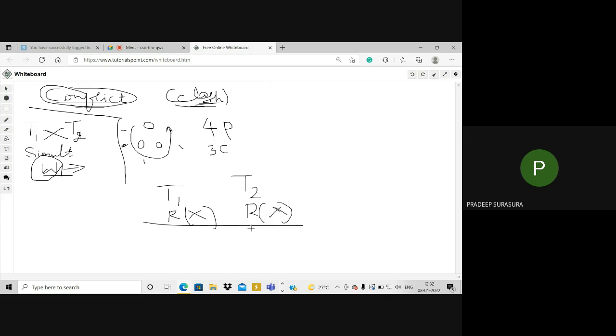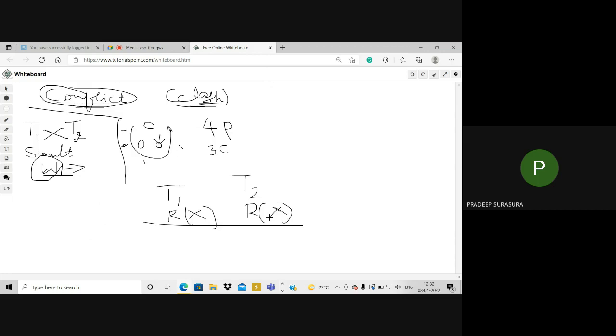Transaction conflict occurs like in musical chairs: when two people try to sit on the same chair, a conflict occurs. If all four people try to sit on one chair, or at least if two people try to sit on the same chair, a conflict occurs.